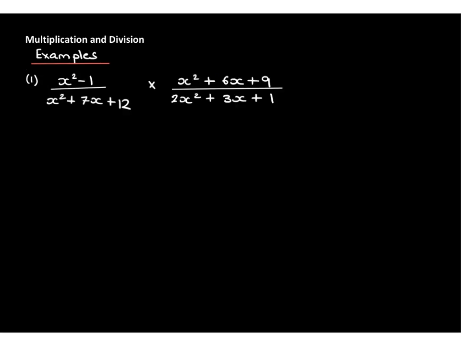So let's have a look at an example involving multiplication. Again, factorising is going to be absolutely crucial here before we even consider simplifying. So let's start with the left-hand side. In the numerator, x squared minus 1 factorises to x plus 1, x subtract 1.